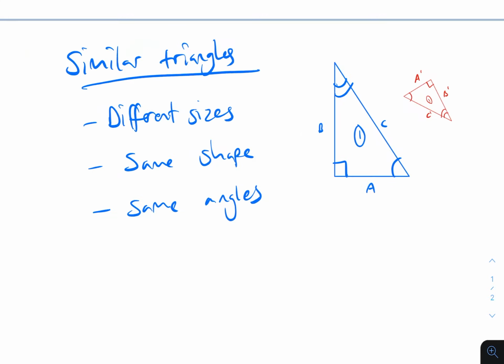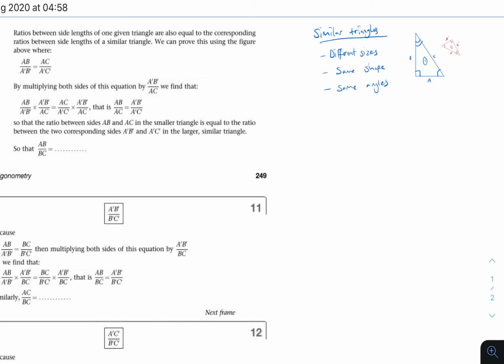So what this is saying is that ratios between the side lengths of one given triangle are also equal to the corresponding ratios between side lengths of the similar triangle. So the ratios between the side lengths of triangle 1 are equal to the corresponding ratios between side lengths of triangle 2.